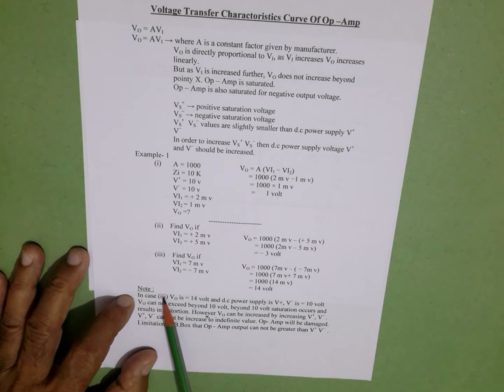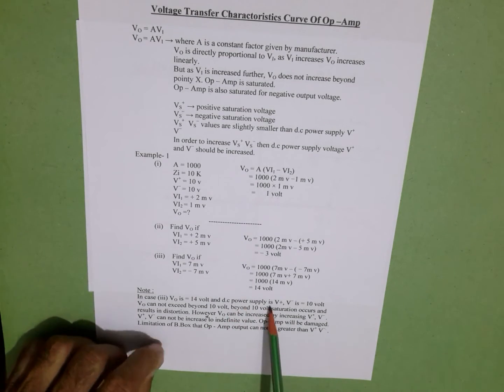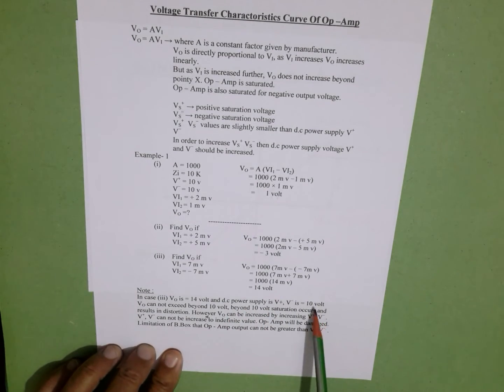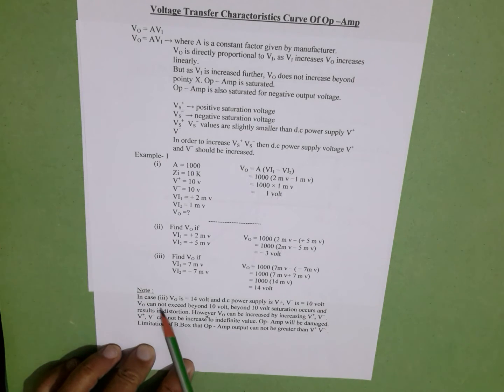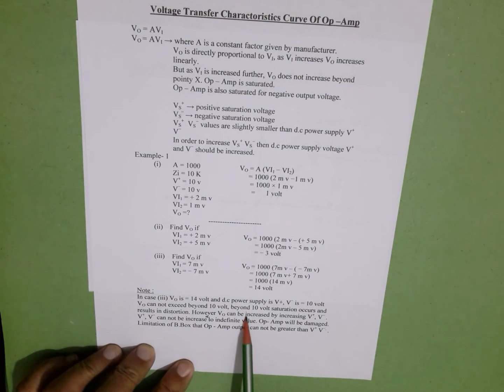In case of example 3, V naught is 14 volt and DC power supply is 10 volt. V naught cannot exceed beyond 10 volt. Beyond 10 volt, saturation occurs and results in distortion. However, V naught can be increased by increasing DC power supply voltages, but DC power supply voltage V positive, V negative cannot be increased to an indefinite value.